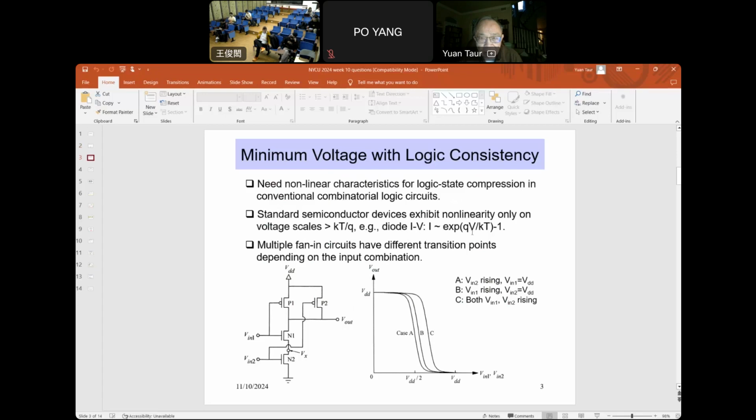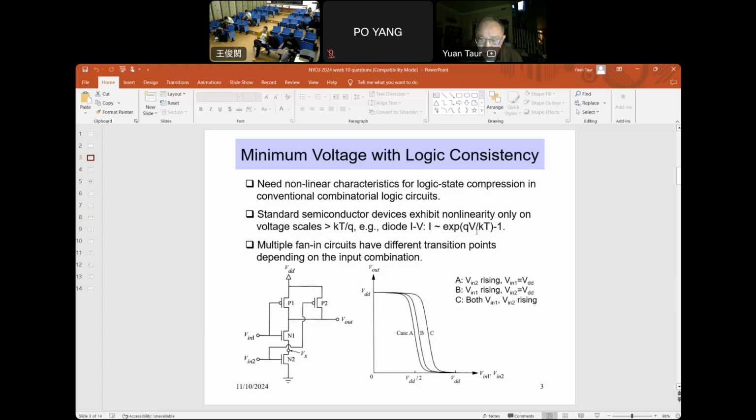This is nonlinear only if V is much larger than kT over Q. Because if qV over kT is much less than 1, then the current is simply proportional to qV over kT, and that's a linear behavior. So for a semiconductor device to be nonlinear, qV over kT must be much larger than 1, which means that V is several kT over Q.